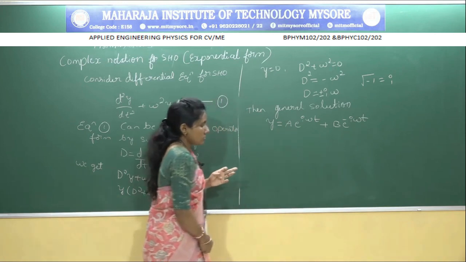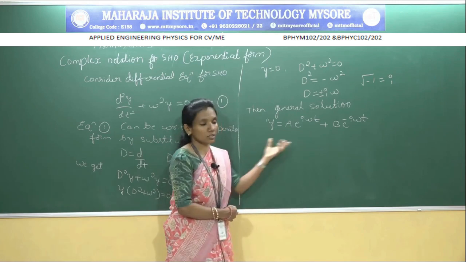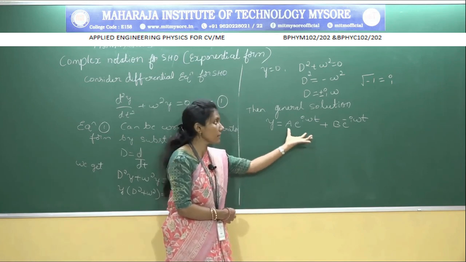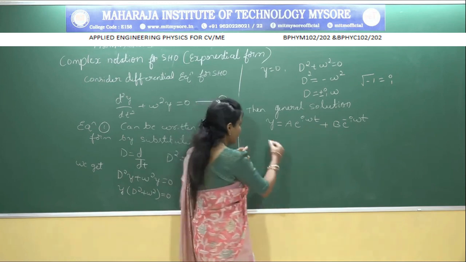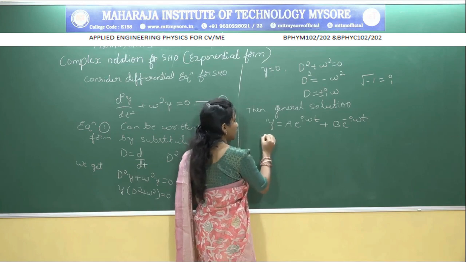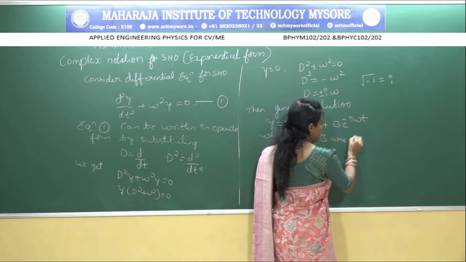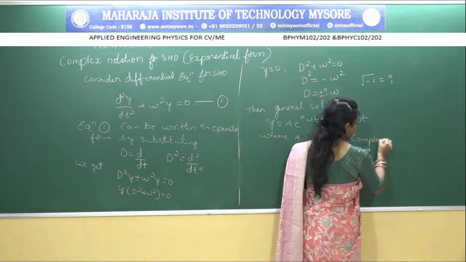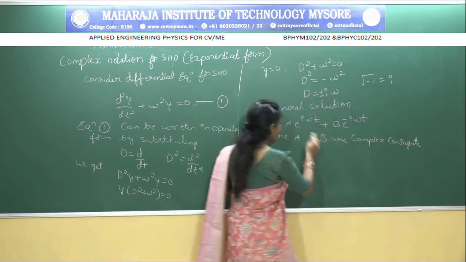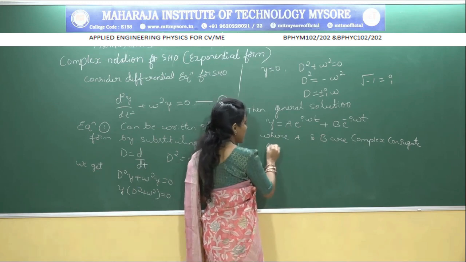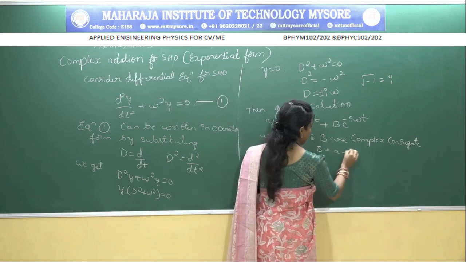Okay. Y may be a real value if a and b are complex conjugates of each other. Let a is equal to a plus ib and b is equal to a minus ib.